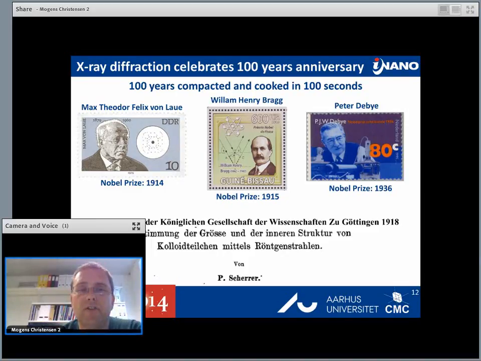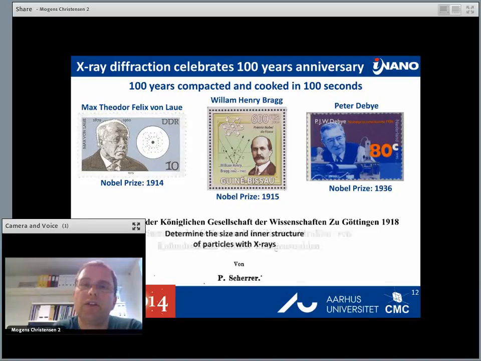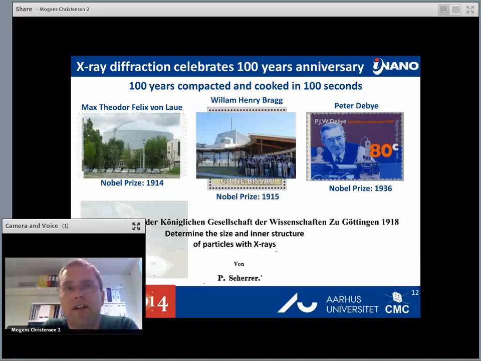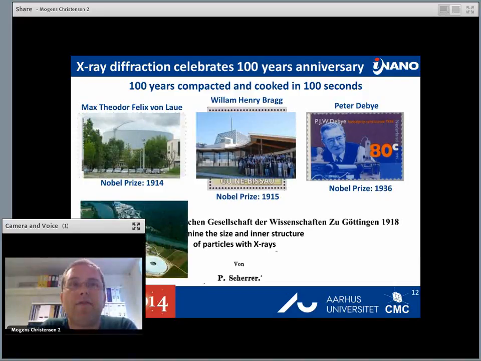This is the title of the original paper, which you can translate as: determining the size and inner structure of colloidal particles with X-rays. Now, 3 of these guys have a neutron facility named after them. So we have the Institut Laue-Langevin in France, the Bragg Institute in Australia, and the Paul Scherrer Institute in Switzerland.